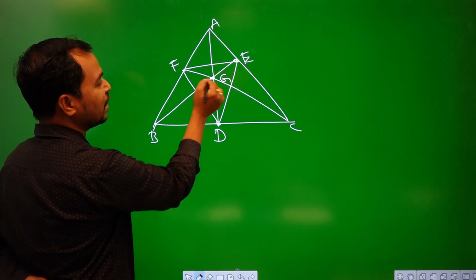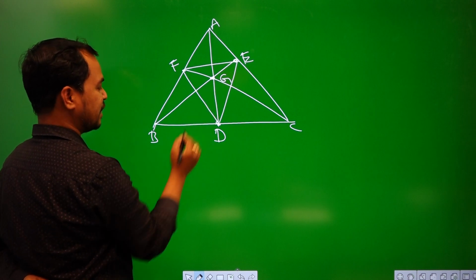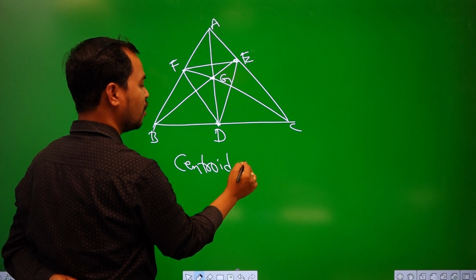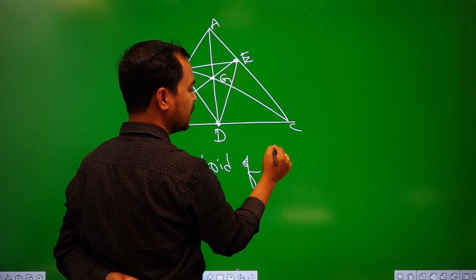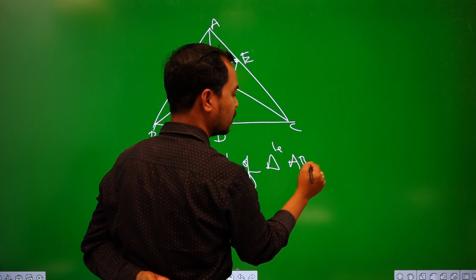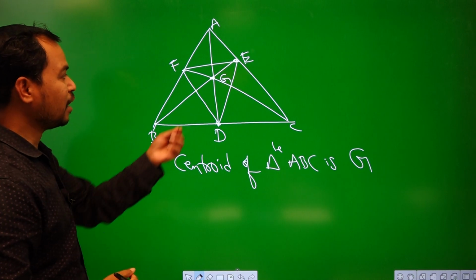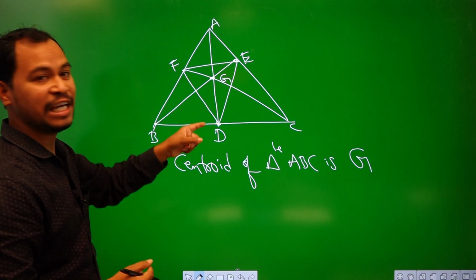So if you observe here, G is the centroid of ABC. Now, what can be the centroid of triangle DEF here?